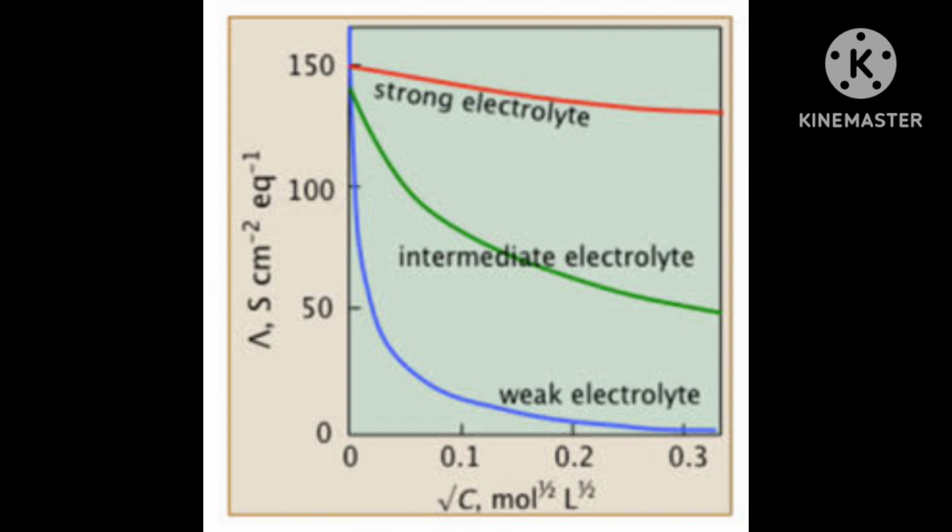And I want to tell you the standard value of KCl solution. This value is at 298 Kelvin, 298.15 Kelvin, which means 25 degrees centigrade. In Kelvin, 273 plus 25, 298; exact is 298.15 Kelvin.